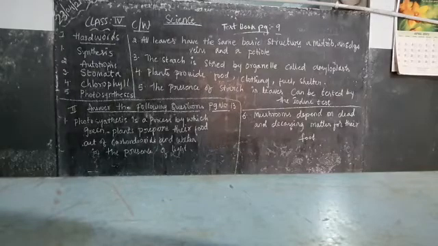Answer is, the presence of starch in the leaves can be tested by the iodine test. Sixth question is, how do mushrooms and molds get food? Mushrooms depend on dead and decaying matter for their food.